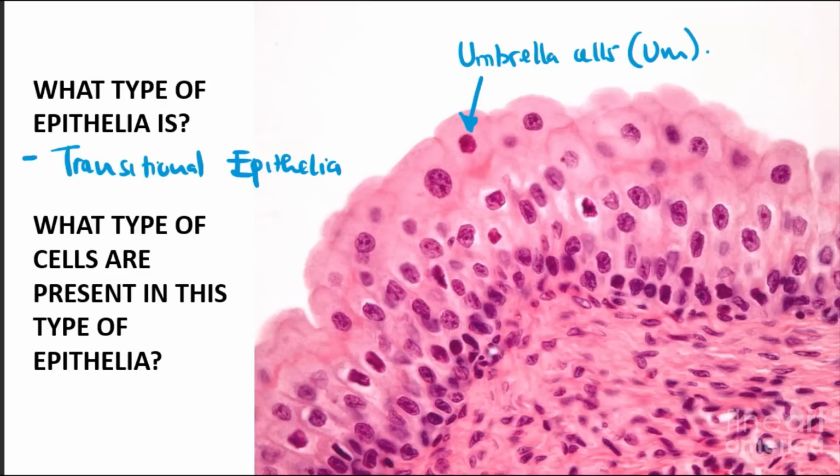The cells in the middle part here are polyhedral cells, mostly columnar cells. And the cells on the base are just simple cuboidal cells.